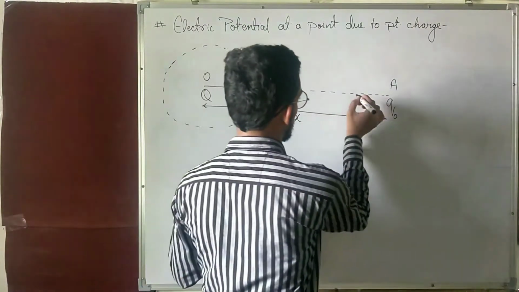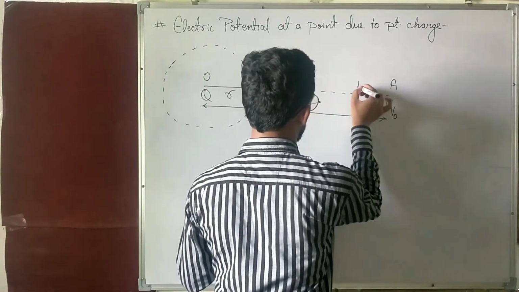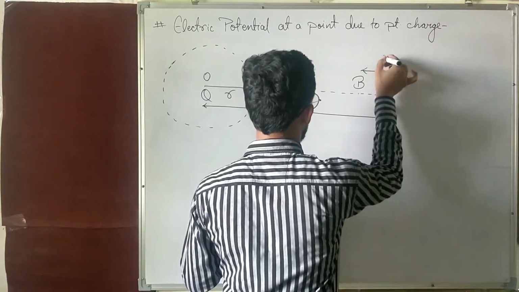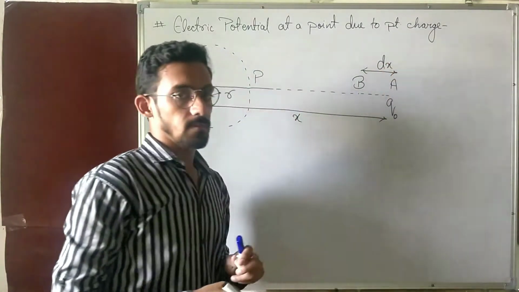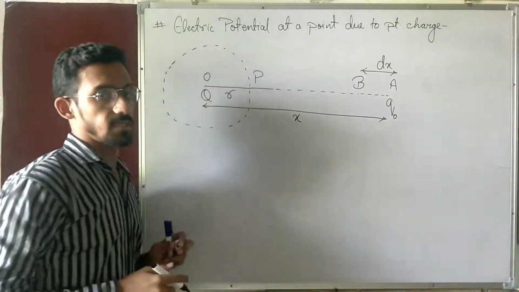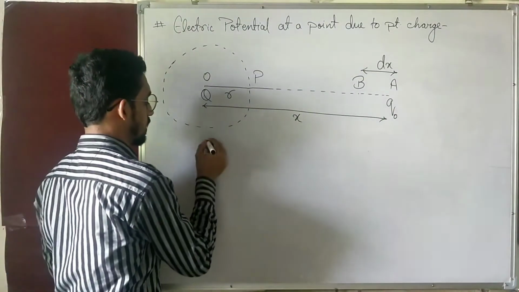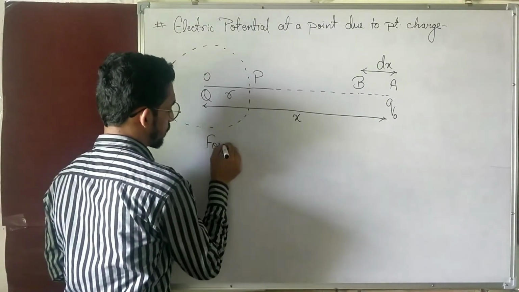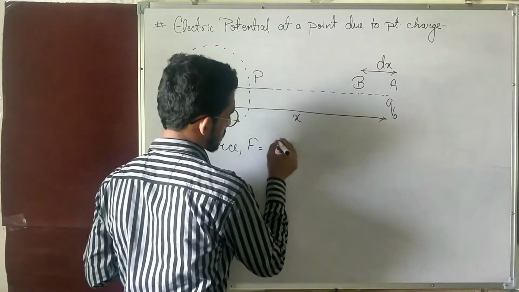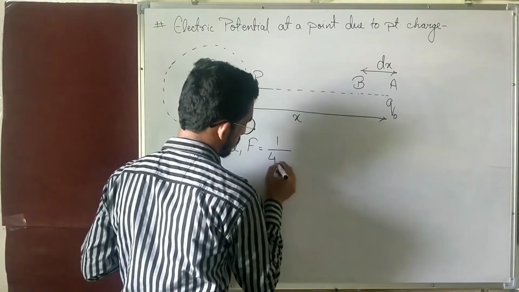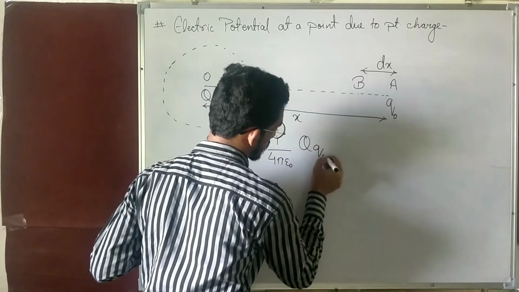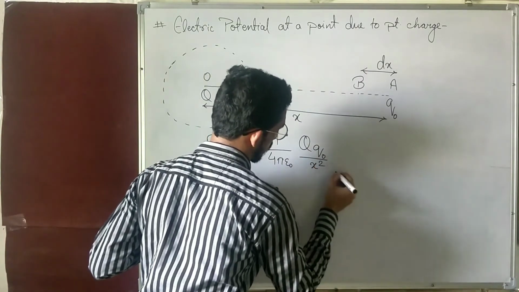So for that, first we take a small displacement from A to B, which is equal to dx. Now, as we all know that both these charges are positive, so from Coulomb's law, they will repel each other with a force F equals 1 upon 4 pi epsilon 0 q naught divided by x square.